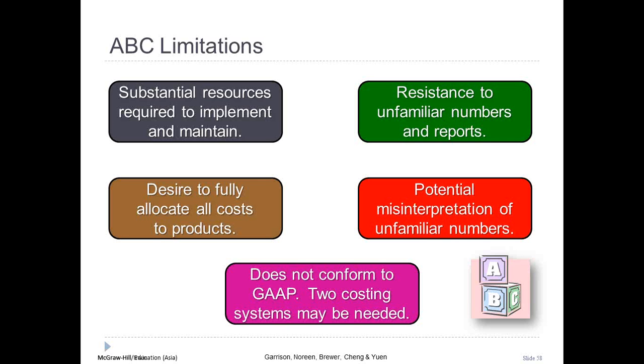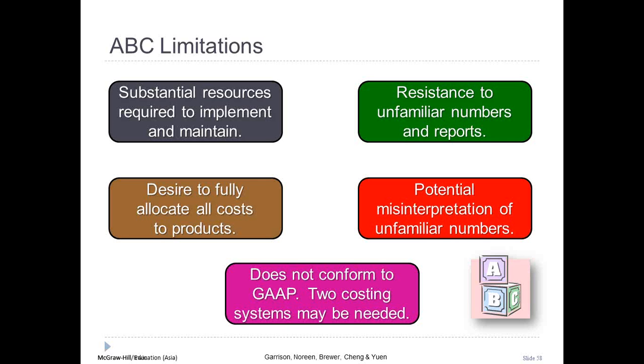Managers are not accustomed to managing their operations using these numbers. Hence, ABC inevitably faces resistance. This underscores the importance of having top management support for and cross-functional involvement with the ABC implementation.